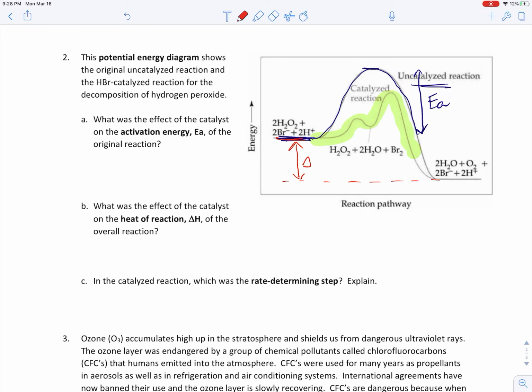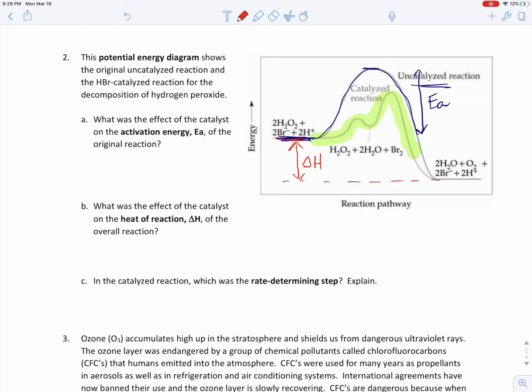So the delta H, the heat of reaction for the overall process, would not have changed. So the delta H of the overall reaction is the same in the original uncatalyzed reaction as it is in the catalyzed reaction. Catalysts do not affect the delta H of the overall process.